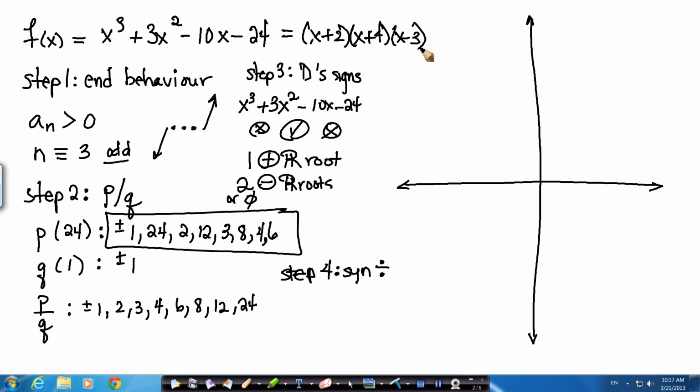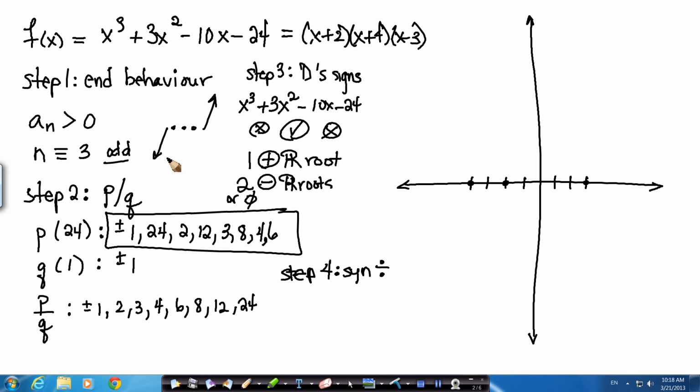So our x-intercepts are going to be at negative 2, excuse me, negative 4, and positive 3, right? Because when we look at x-intercepts, we're setting x plus 2 equal to 0, x plus 4 equal to 0, and x minus 3 equal to 0.